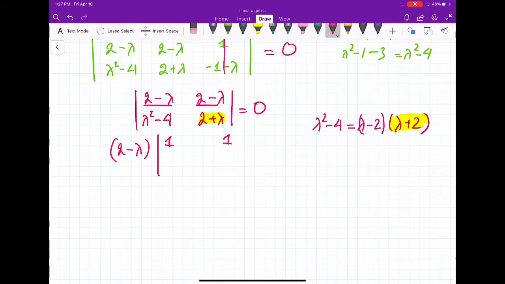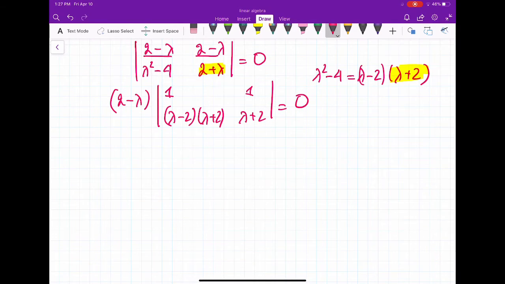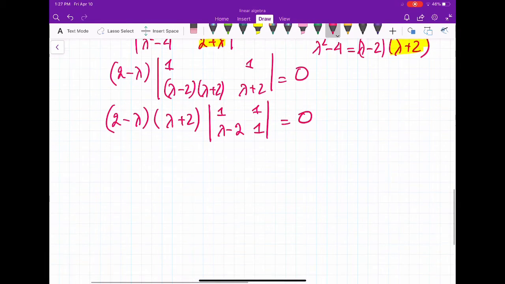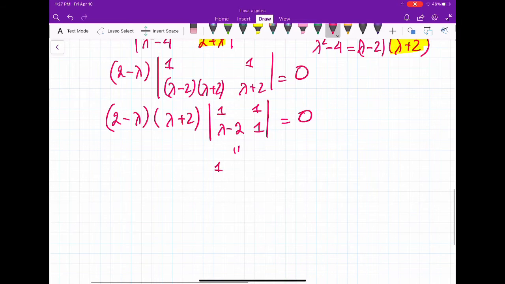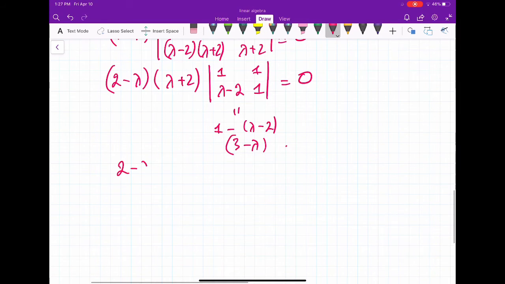So I have 2 minus lambda, lambda plus 2, and here I have 1, 1, lambda minus 2, and 1 equal to 0. This is equal to 1 minus lambda minus 2, which is 3 minus lambda. So I have 2 minus lambda, lambda plus 2, and 3 minus lambda equal to 0.